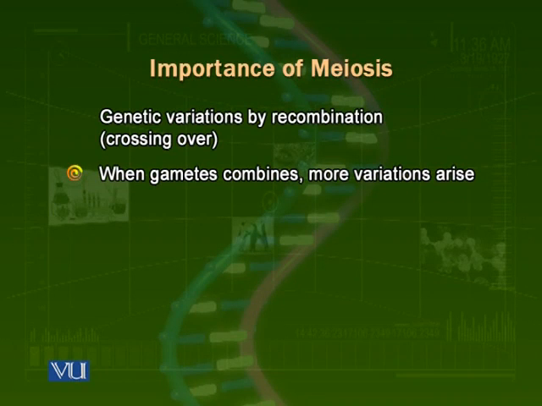The second benefit is this: because of meiosis, half the number of chromosomes go to one gamete, and then the gametes have to combine. And as we know from anaphase, because we covered anaphase, it is not necessary that the whole set coming from the grandparent will go to just one gamete.